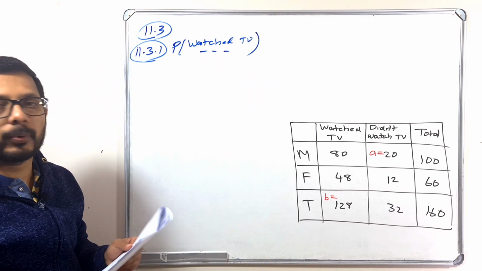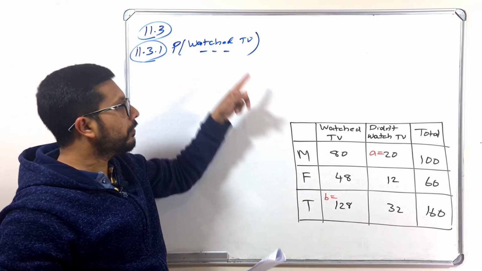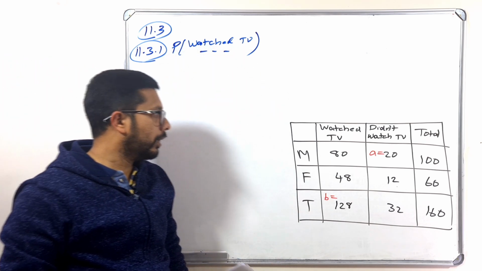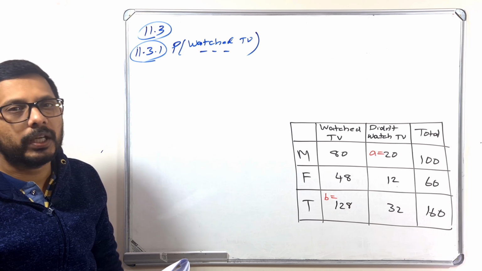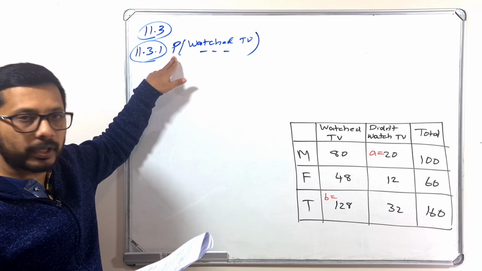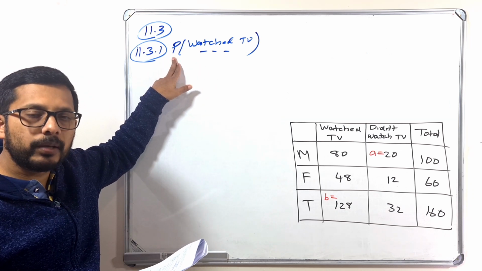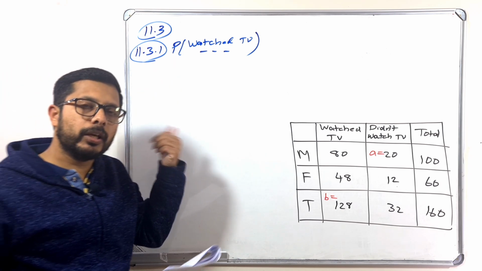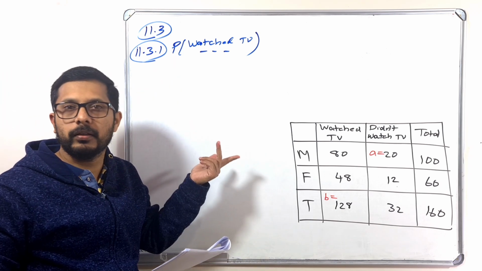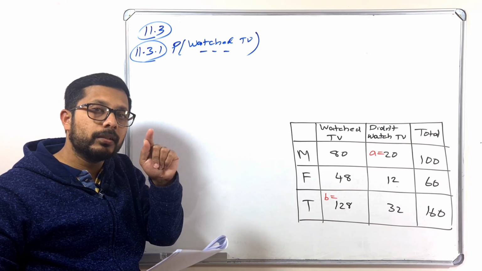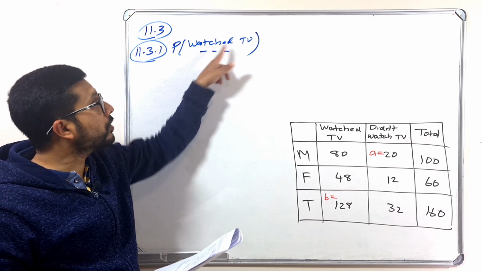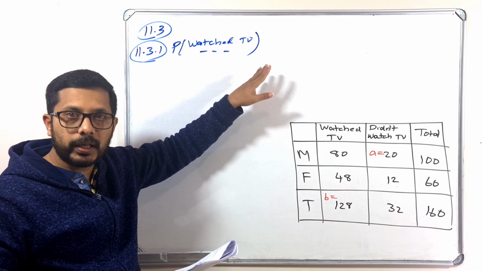You have to find the probability of watched TV during the period of examination. So in this question you have to find the probability. At the same time, are they saying anything about male or female? No, they are not saying anything about that. There is only one condition. What is that one? They watched TV during the period of examination.